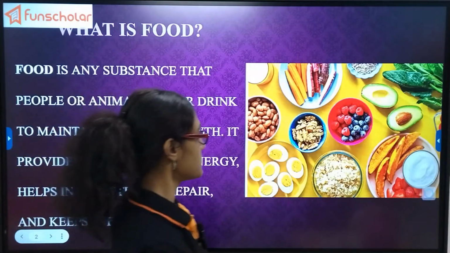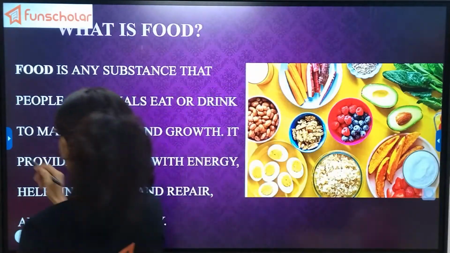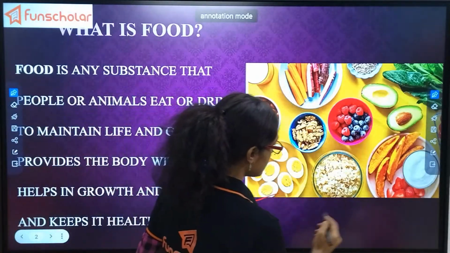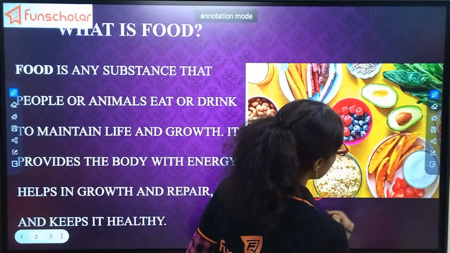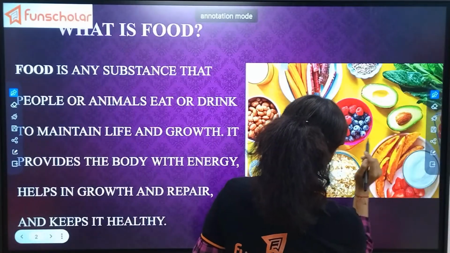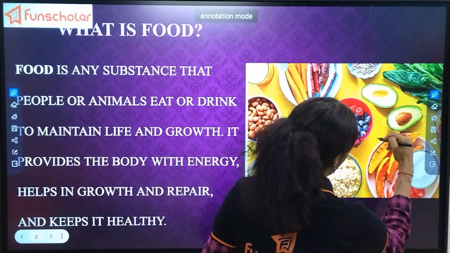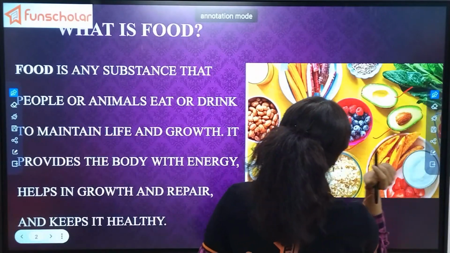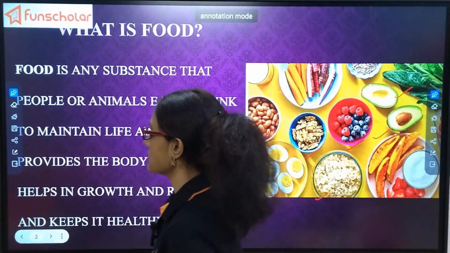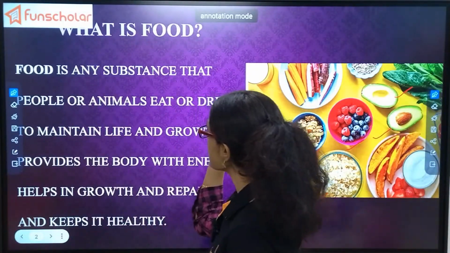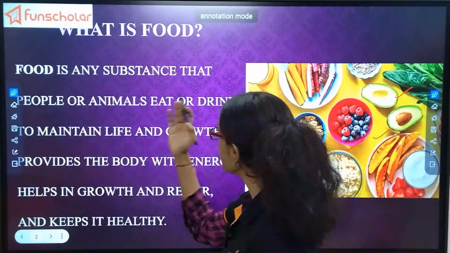Okay, see what is food. So many kinds of food are there. This is egg, then this is poha, then this is berries, nuts, avocado, spinach, etc. So food is any substance that people or animals eat.